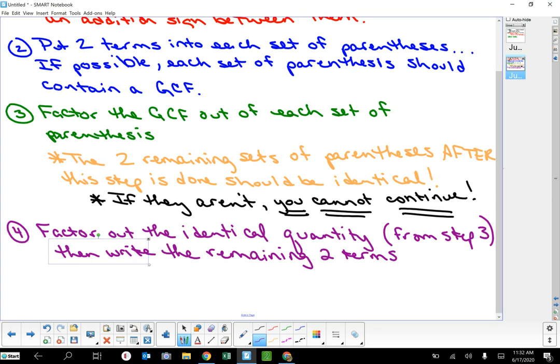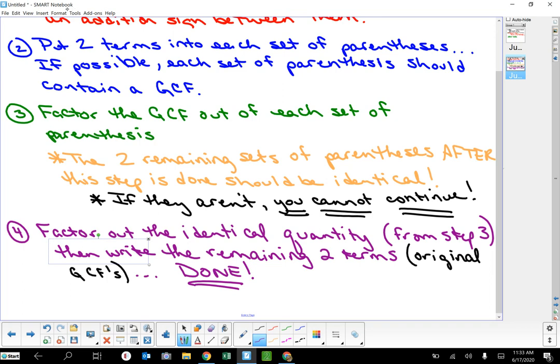They were your original GCFs, right? When you did this, is what those were. Write the remaining two terms, and then you're done. So these are actually not difficult at all. There's a lot of words, but once you understand what's happening, the math isn't too bad at all.